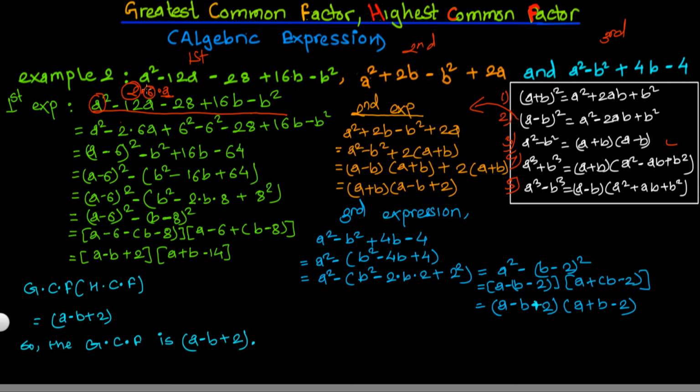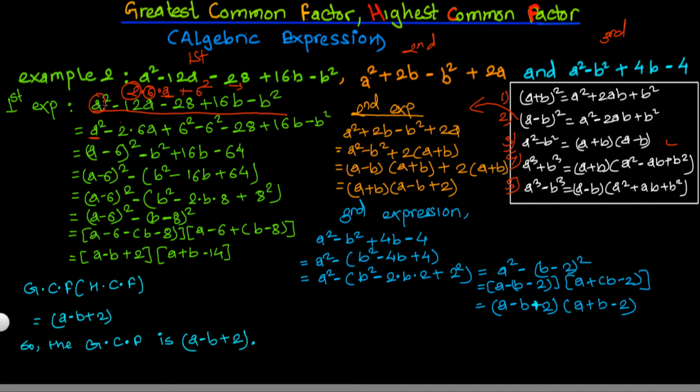If I put 6 here, then later if I put 6 square, I can write this term as a minus 6 whole square. So let me try to do that.